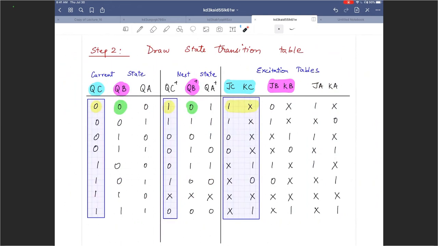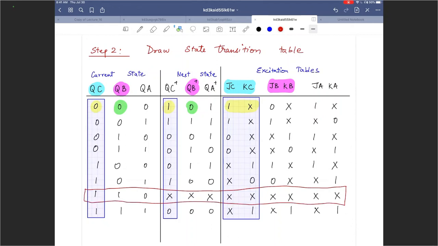So my question is this: 6 was XXX. After 6 comes XXX. I didn't know that, so I labeled them don't cares. I'm going to highlight the things I'm concerned about. What happens after I get 6?